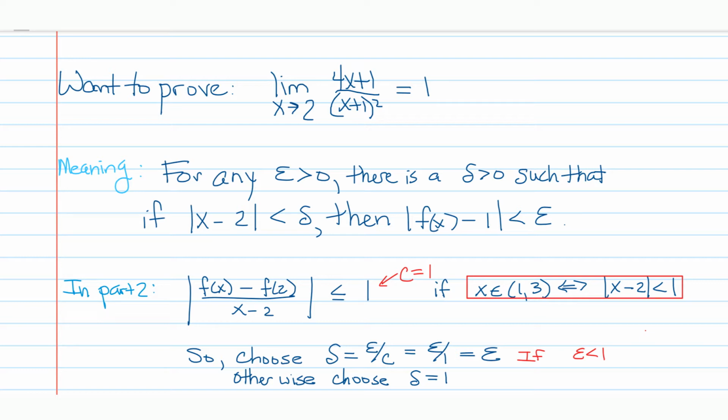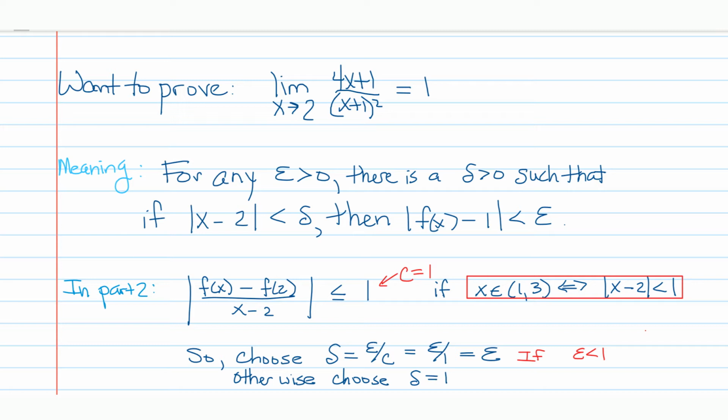And we found that for this particular function, (4x plus 1) over (x plus 1) squared, as x approaches 2, that expression is always less than or equal to 1 as long as x is in the interval between 1 and 3, or in other words, the absolute value of x minus 2 is less than 1. So you're close enough to the number 2, within 1 unit of the number 2, then that expression is always going to be less than or equal to 1.